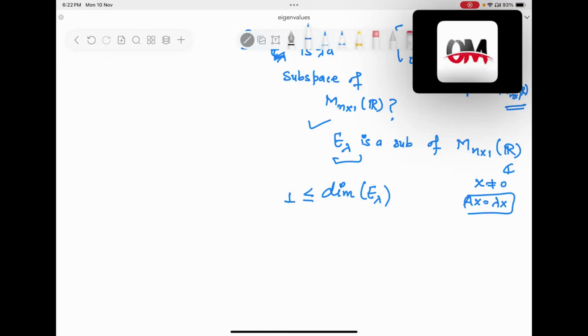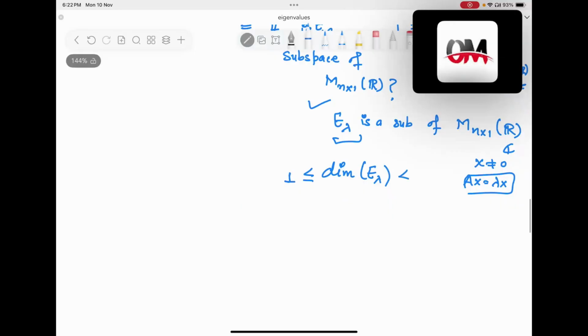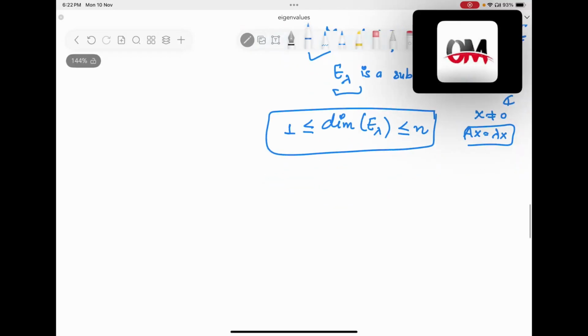So some non-zero vector is there in E lambda, so the dimension cannot be 0. It is always greater than or equal to 1, and it is always less than or equal to n. So it will be between 1 and n, right? And this dimension is called the geometric multiplicity of lambda.